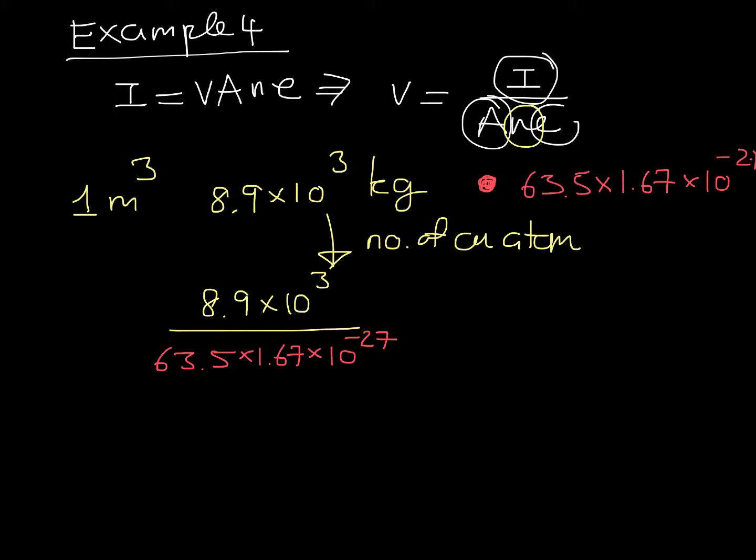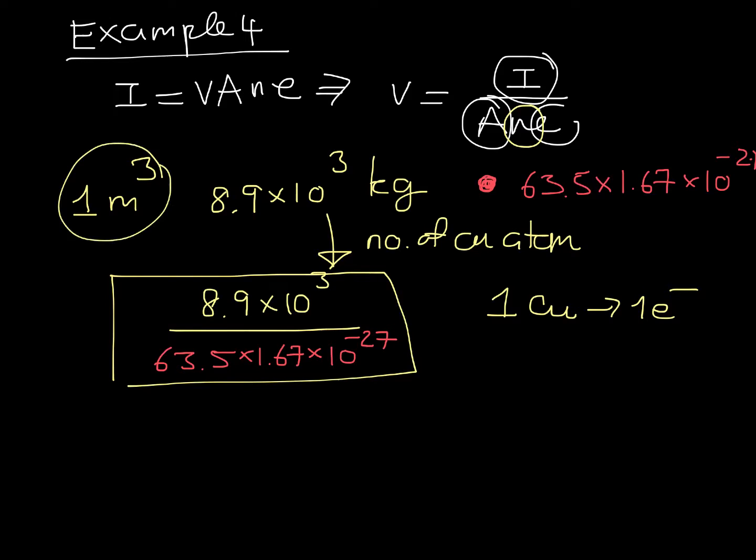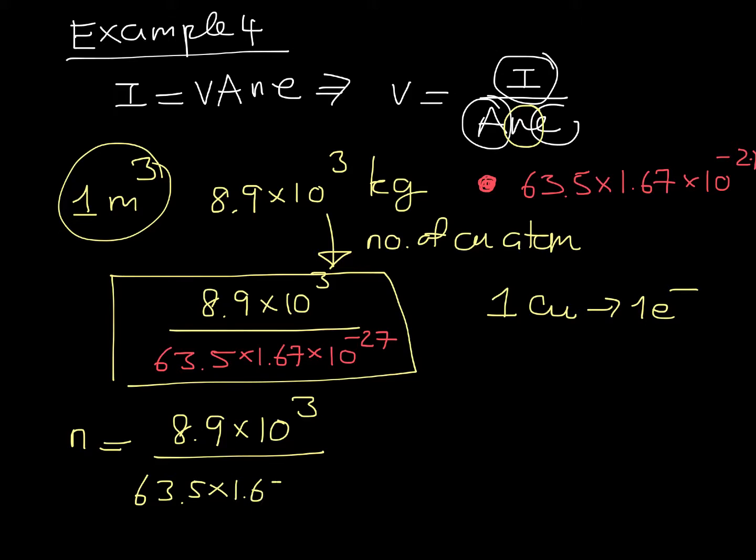Now we've got the number of copper atoms, but one copper atom gives out 1 electron. So this is also the number of electrons in 1 cubic meter. So N is actually 8.9 times 10 to the power of 3 divided by 63.5 times 1.67 times 10 to the power of minus 27, and this gives us 8.39 times 10 to the power of 29.